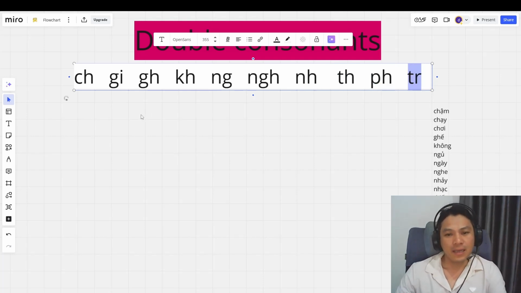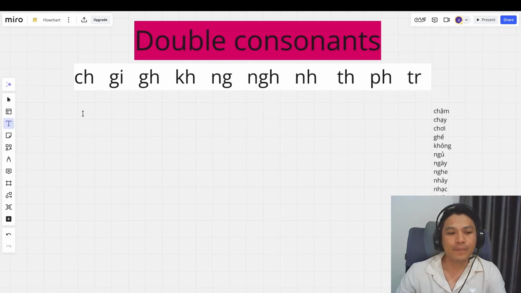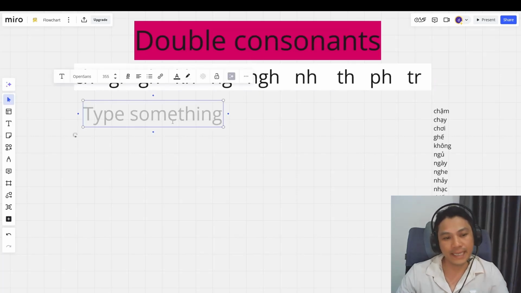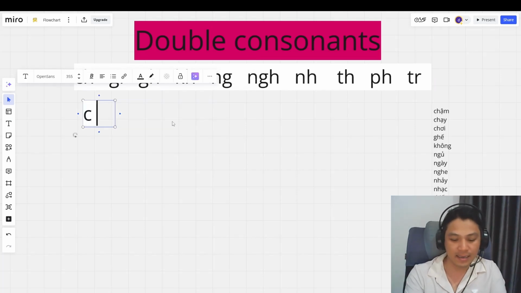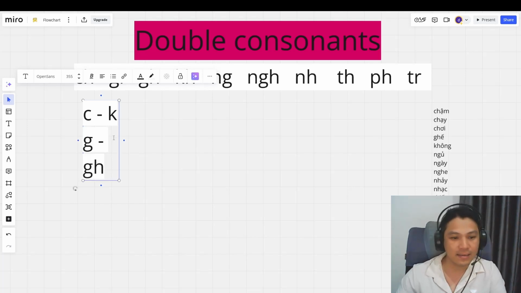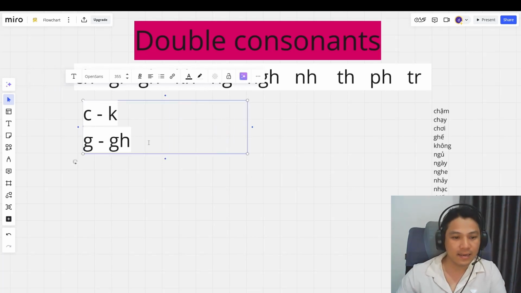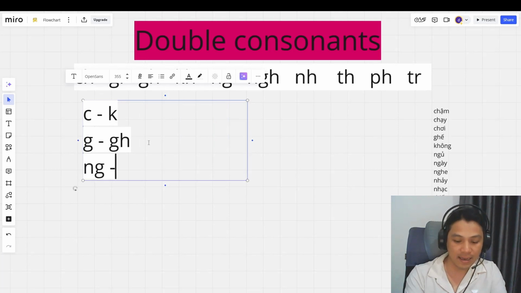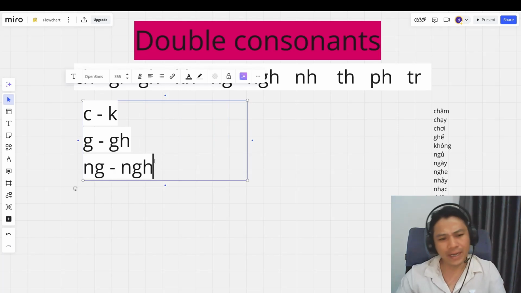So in Vietnamese we have a few pairs. Actually, it's three pairs like this: g and g, g and g, ng and ng. So why are they so similar, exactly the same in pronunciation, but different words?